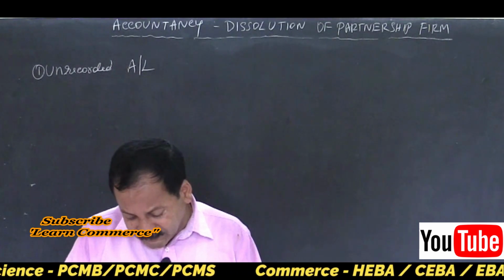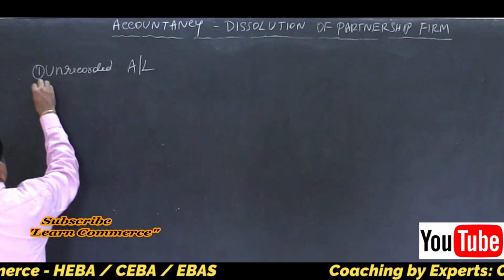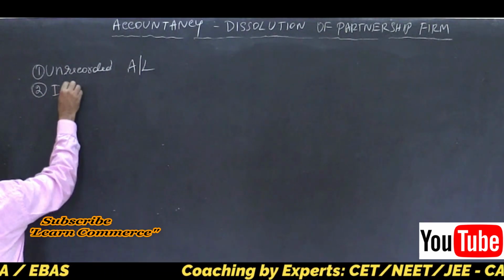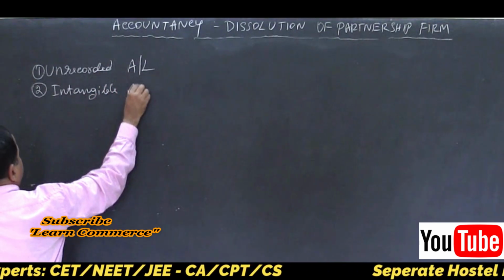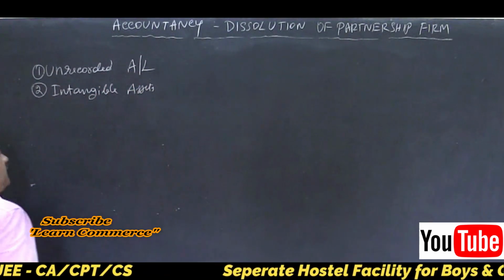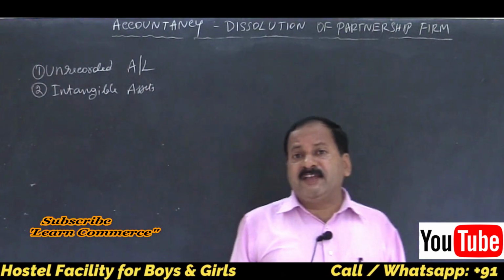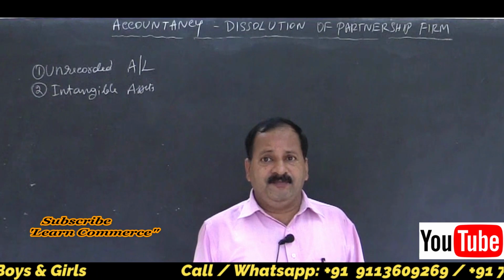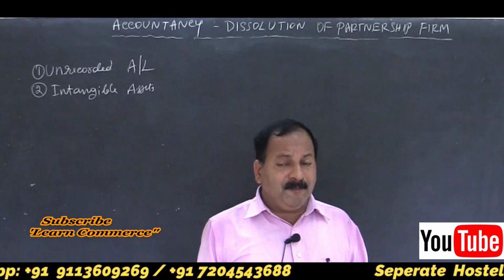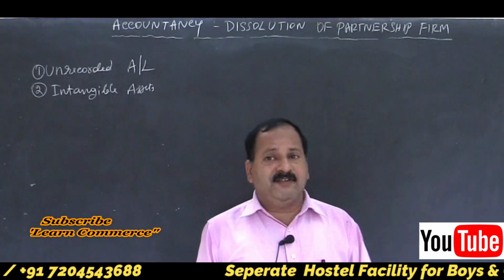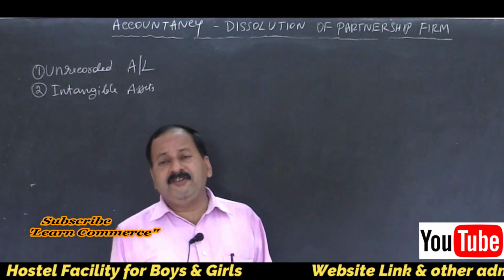Second one is sale value of intangible assets. What do you mean by intangible assets? I already told you in my previous class. These are assets which cannot be seen or touched, but have a value and help the business to increase its profit, like goodwill, trademark, copyright, patents.